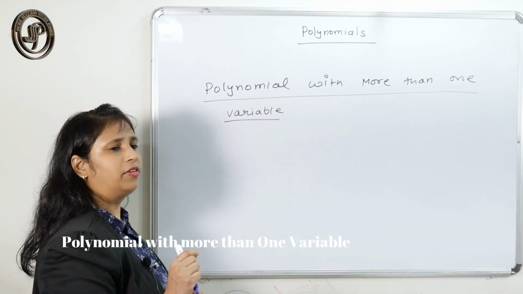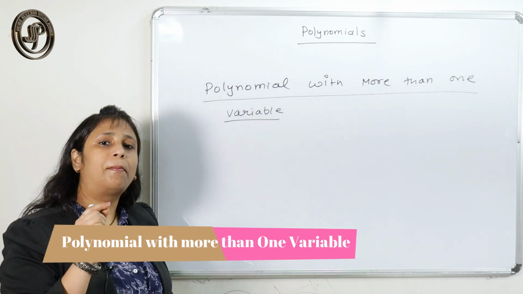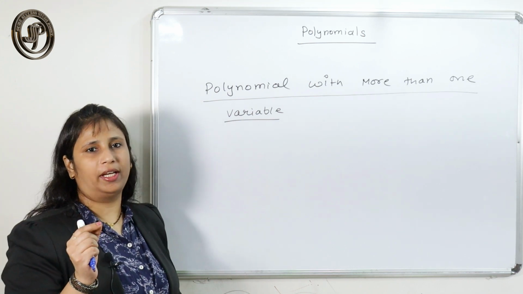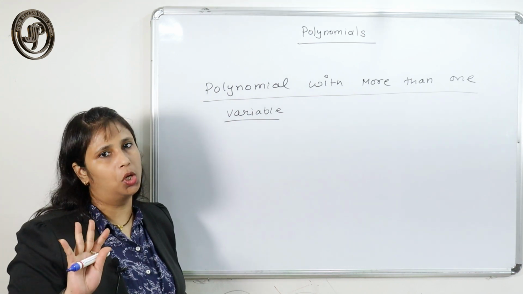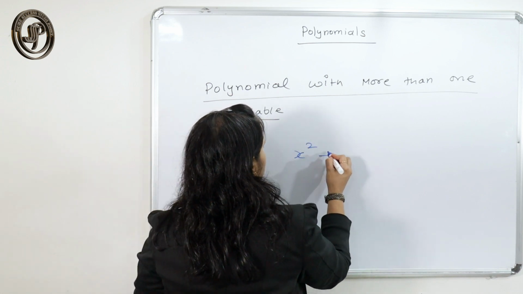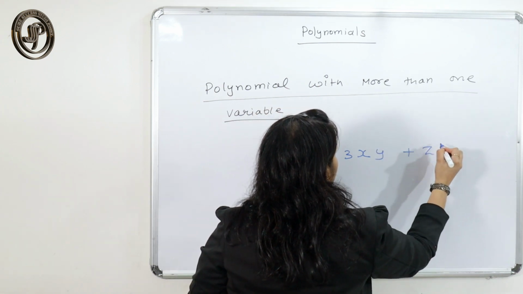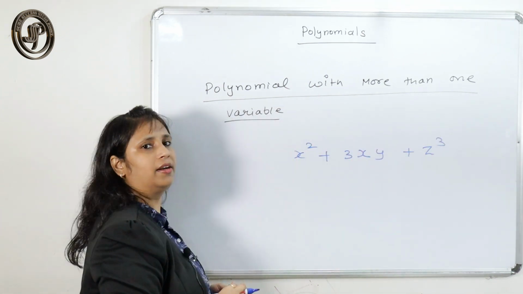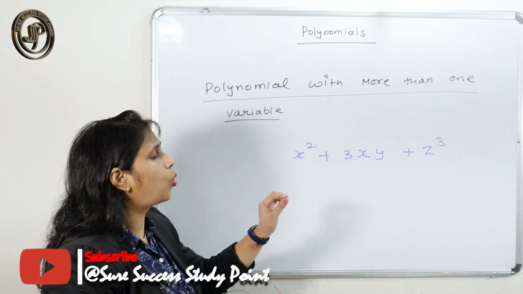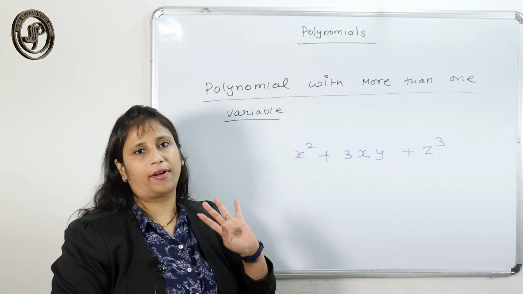By the definition of polynomial, what we have learned is that if the power of each variable or each term is a whole number, then it is called a polynomial. Suppose I write x square plus 3xy plus z cube. Here there are three different variables, x, y, z.